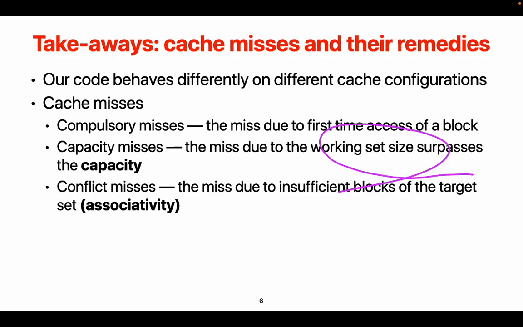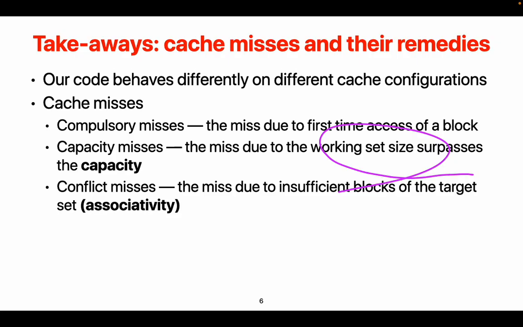I found in the student's calculation, there are 16K elements, so the working set should be 16K times 8. The answer is not right, because considering we have the stride, it's probably not that size that you are touching. It's evidence that a lot of you still don't get the idea of working set.